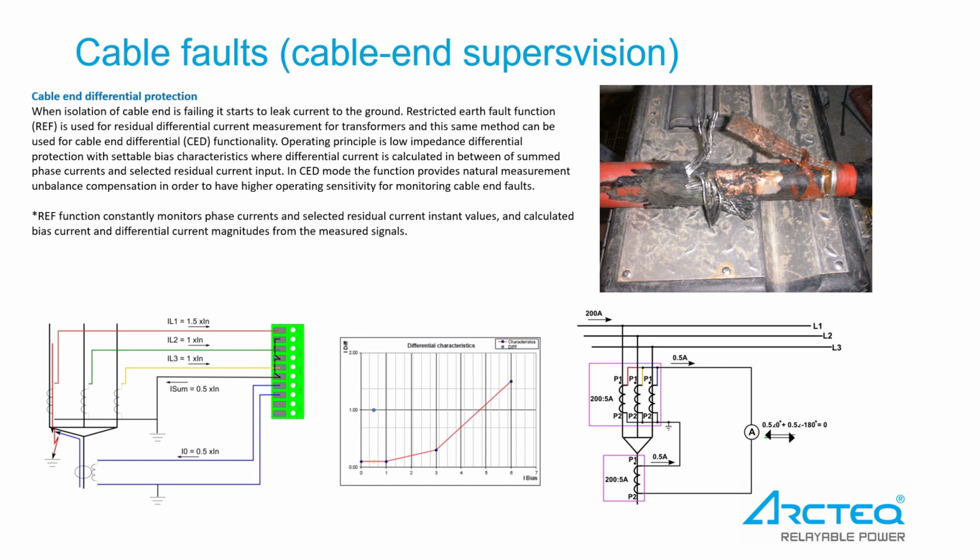The operating principle is low impedance differential protection with settable bias characteristics, where differential current is calculated between the summed phase currents and the selected residual current input. In CED mode, the function provides natural measurement unbalance compensation in order to have higher operating sensitivity for monitoring cable end faults. You can have a closer look at this topic in the upcoming webinar on Wednesday.